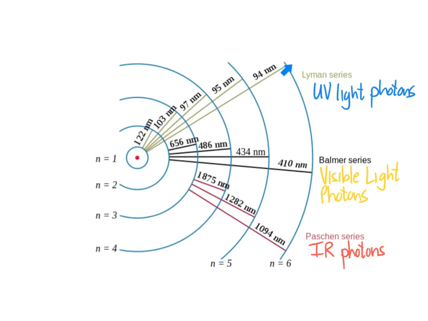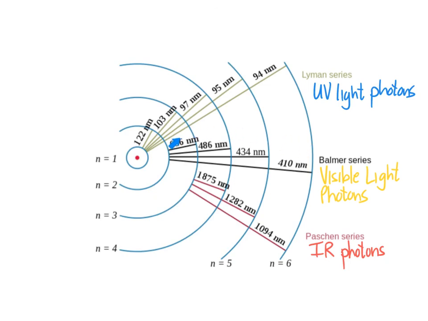We can see the energy difference between the electrons here is higher than if an electron makes a transition from the same energy level but to energy level 2. So these transitions will produce photons that will be in the ultraviolet light part of the electromagnetic spectrum. That's known as the Lyman series.